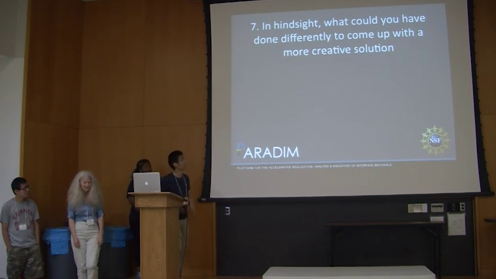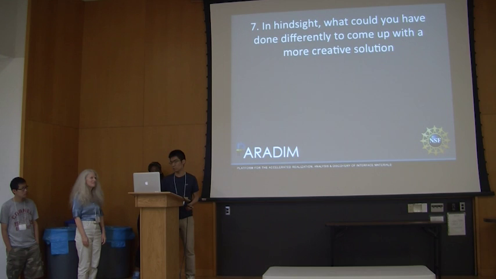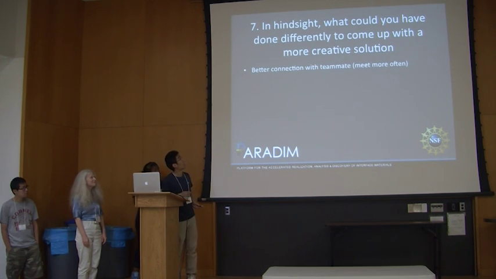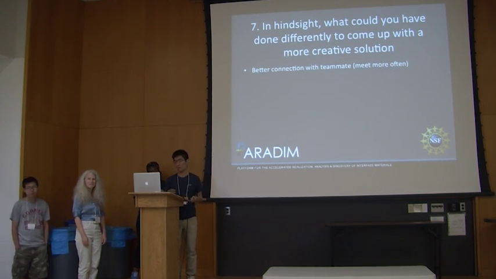Okay, so in hindsight, what could we have done to get a better or more creative solution? So we think that better connection with teammates is very important, because we don't have enough time to meet with each other to talk about the problems we are assigned to.